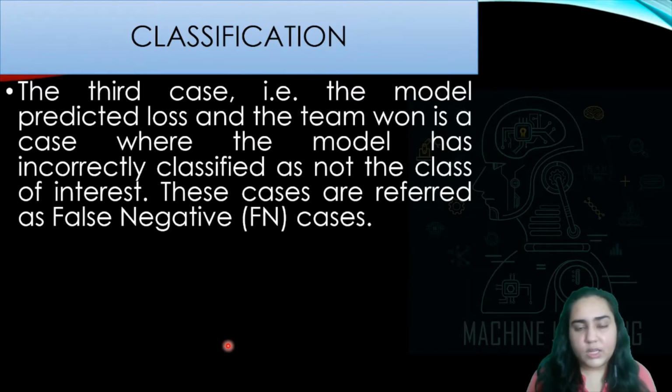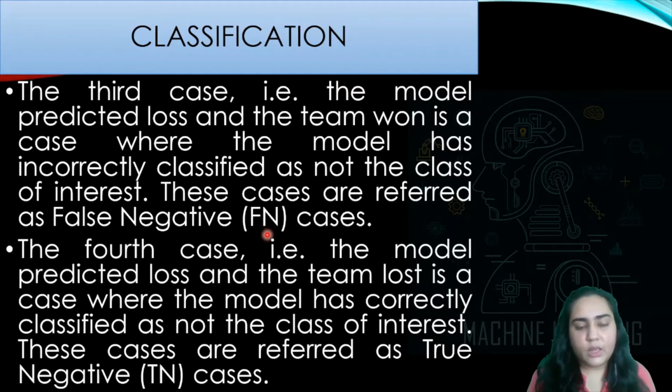And in the third case, the model predicted that the team would lose, but the team won. So in this case, this is known as a false negative, also known as FN. And in the fourth case, the model predicted that the team would lose and the team lost. So the model was correct. And this will be known as true negative because positive means winning and negative would be losing.